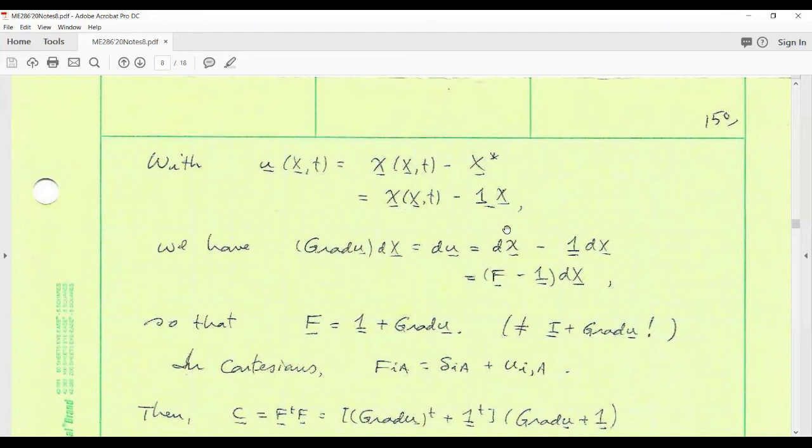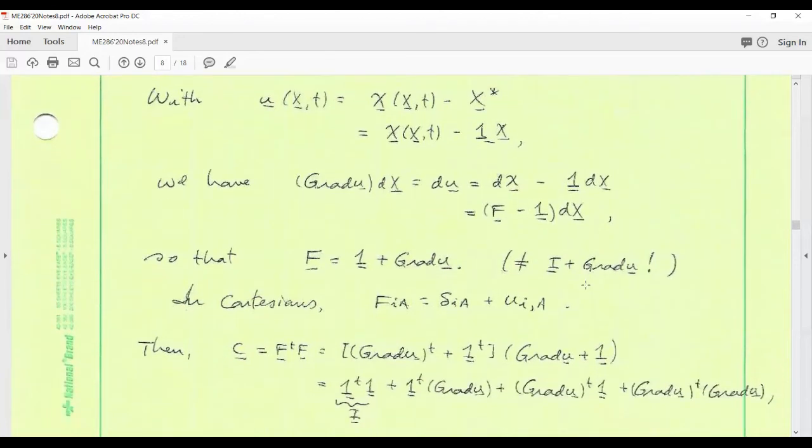That's d chi, which you remember is F dX, minus d of the shifter times X, but the shifter is uniform, so that's the same as the shifter times dX. Factor that out like so. And this purports to be true for all dX, therefore the parentheses are the same, so you get the deformation gradient is the shifter plus the referential displacement gradient.